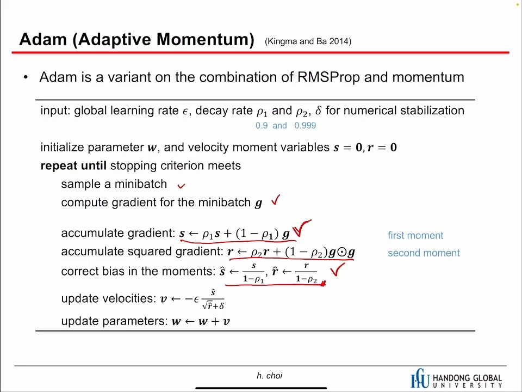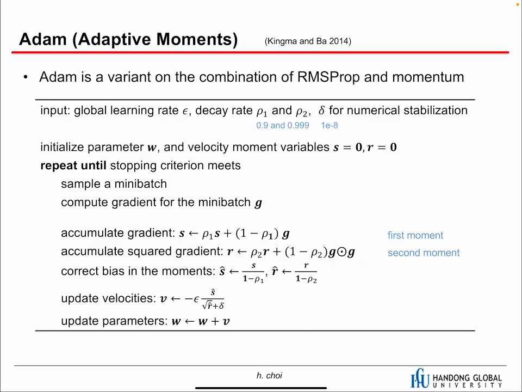Mainly there are two differences between Adam and RMSProp. The first one is the first moment. In RMSProp, they use Nesterov accelerated gradient, and the second moment is exactly the same as RMSProp's equation. That is the first difference, and the second difference is this bias correction equation. In the early training process, s could be biased.